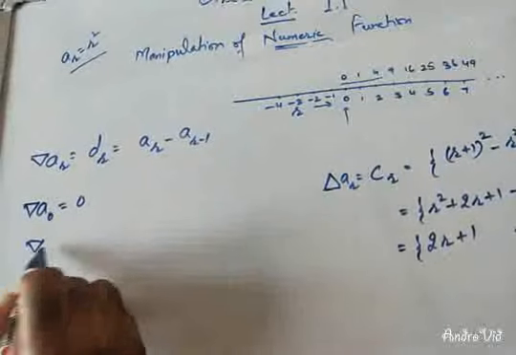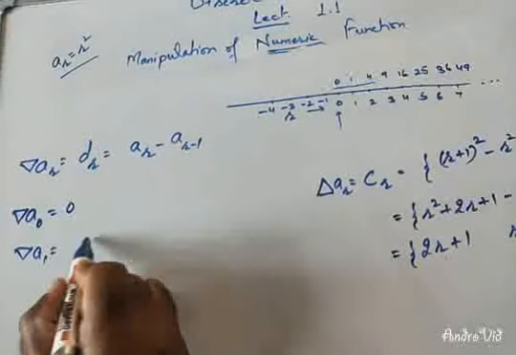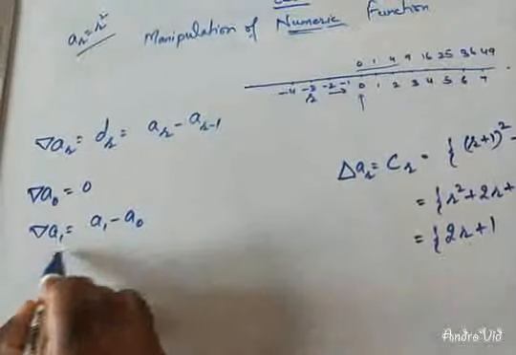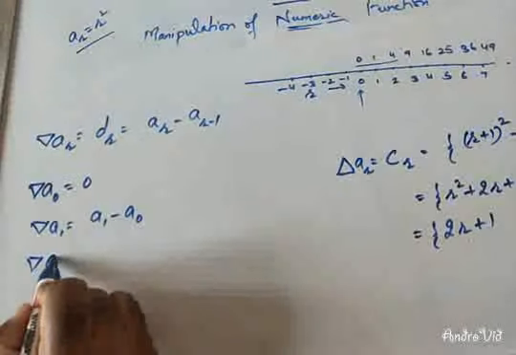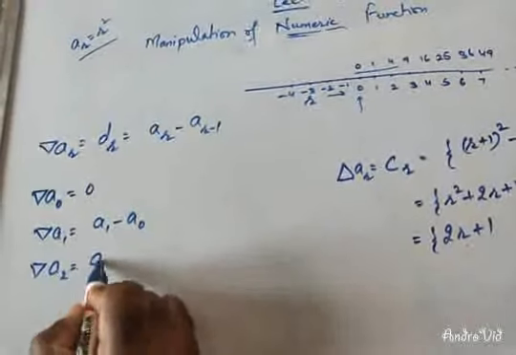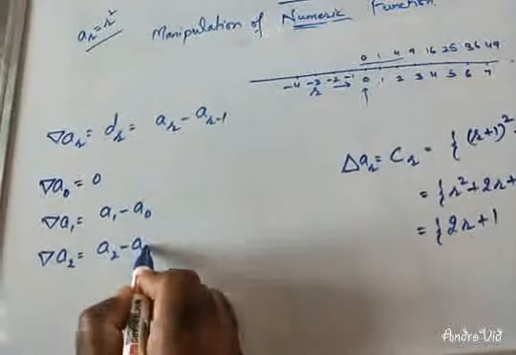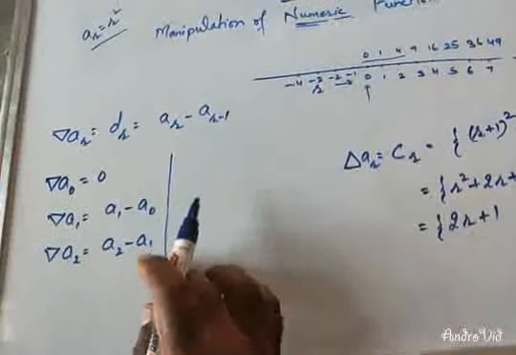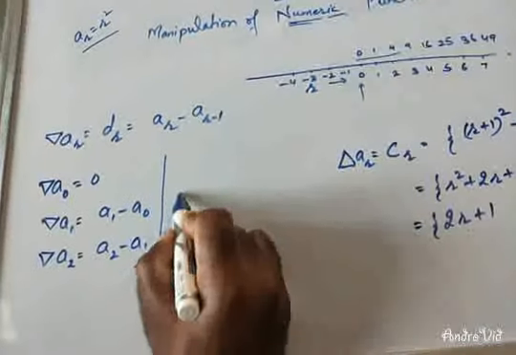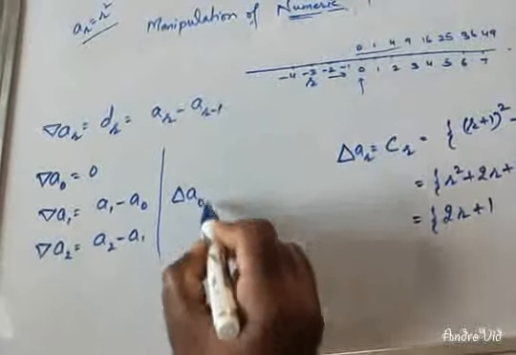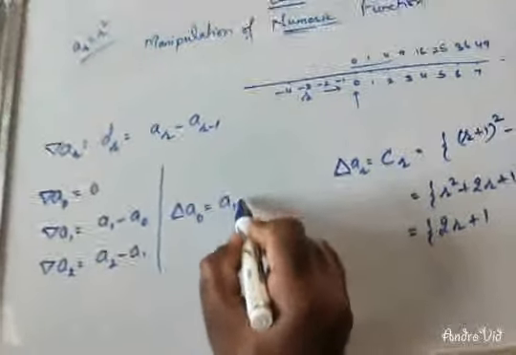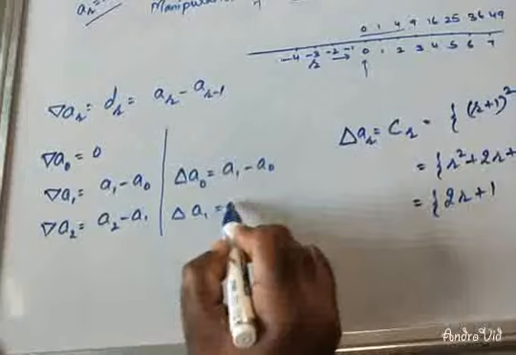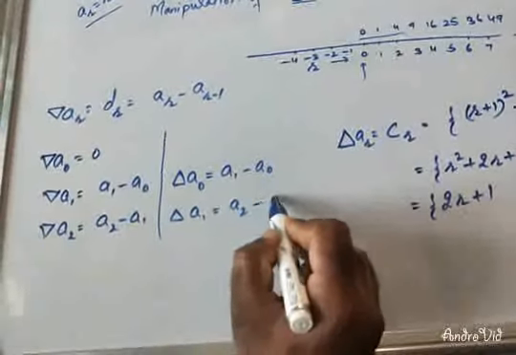So backward difference at A1 will be A1 minus A0. Backward difference at A2 will be A2 minus A1. And these values clearly coincide with the forward differences. Delta A0 was A1 minus A0. Delta A1 was A2 minus A1.